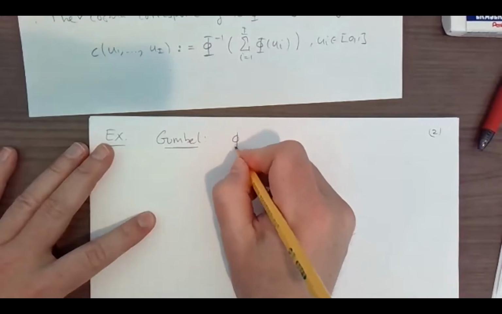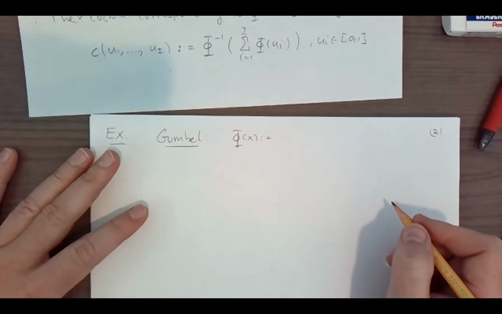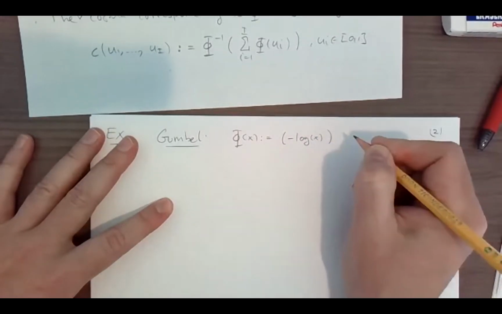Here you take phi of x, and phi of x is minus log of x to the power of theta.